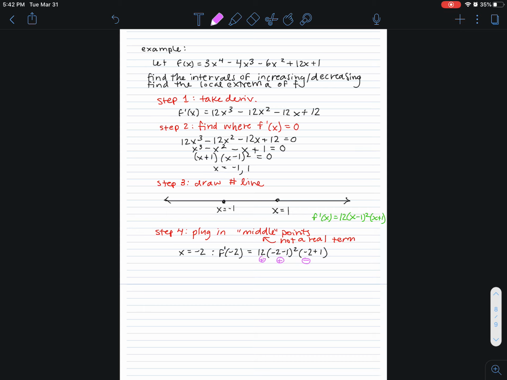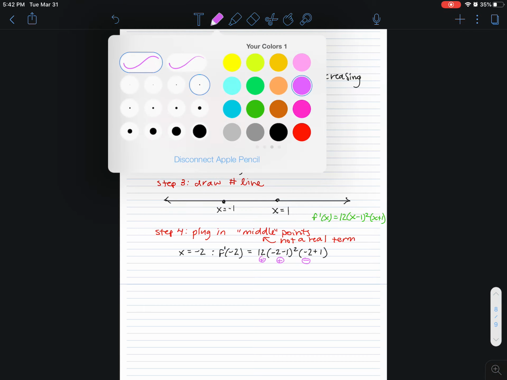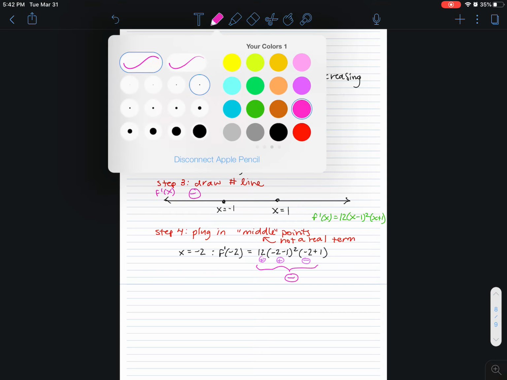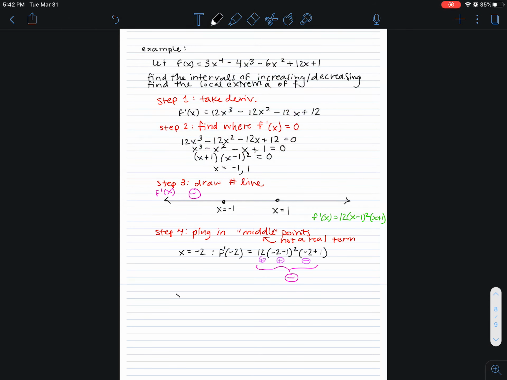A positive times a negative overall is negative. So to the left of negative 1, we have a negative f prime of x. Our slopes are negative. Okay, in between the other points, let's do x equals 0, between x equals negative 1 and x equals 1.